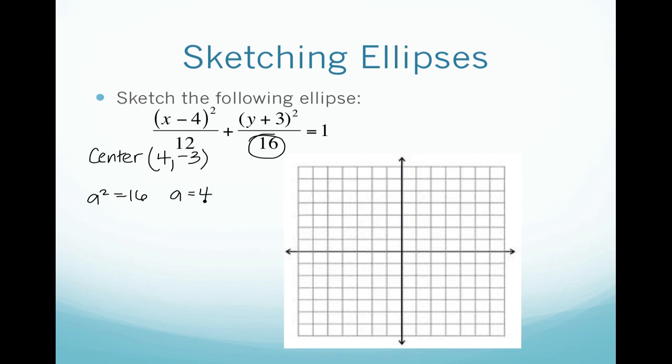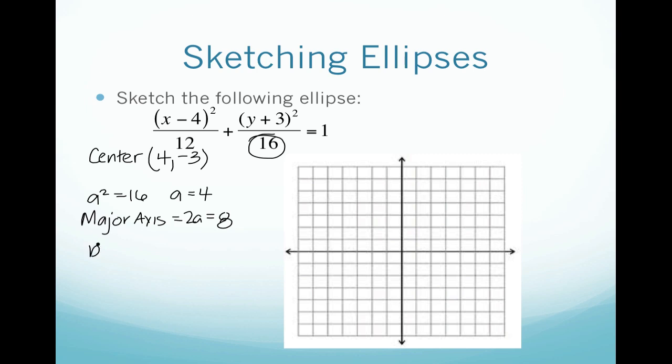So if you remember from the previous day, the major axis is going to be 2 times a. So that equals 2 times 4, which is 8. So now we know that our vertical line going through the point (4, -3) is going to have a length of 8 units.